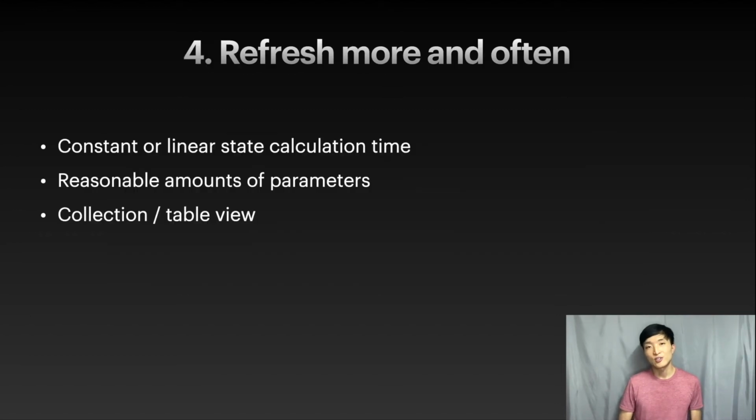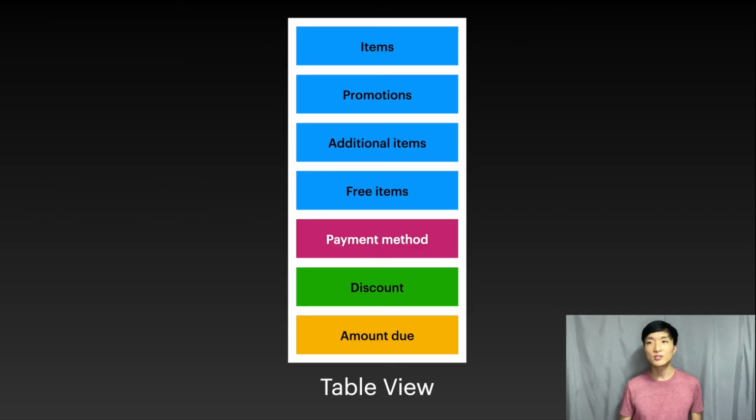The last strategy is refresh more and often. If the calculation time for states are constant or even increased linearly, it is in some cases better to update the whole screen rather than some part of it. For example, the table view has different components of the screen as different sections.